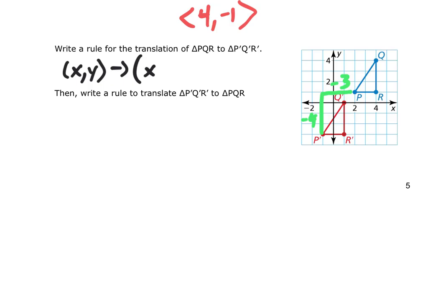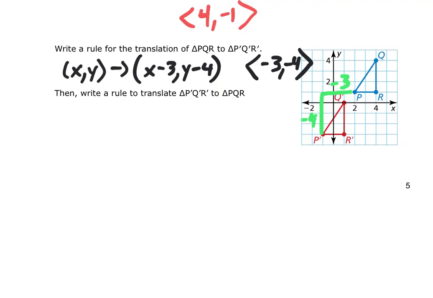So in this case, we're going to say x minus 3, y minus 4. If I wrote the vector component form, it would look like that. Once again, those two mean the same thing, just a little bit different way of writing it. And that would be our movement.